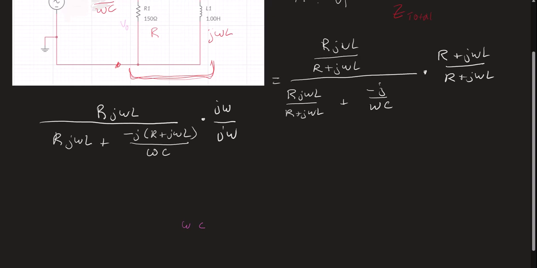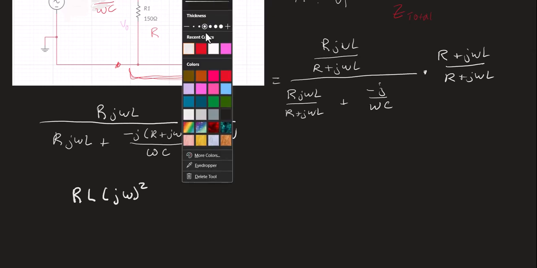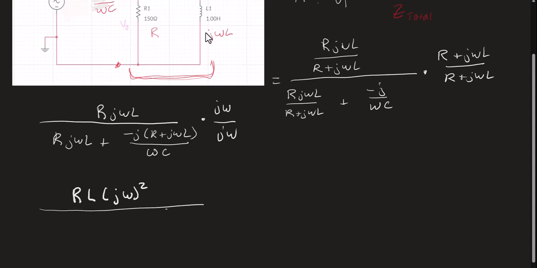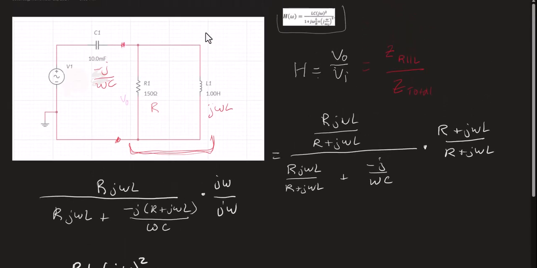From that, I will get RL j omega squared over, now the j times the j is negative 1, that's its definition, so I get minus RL omega squared.